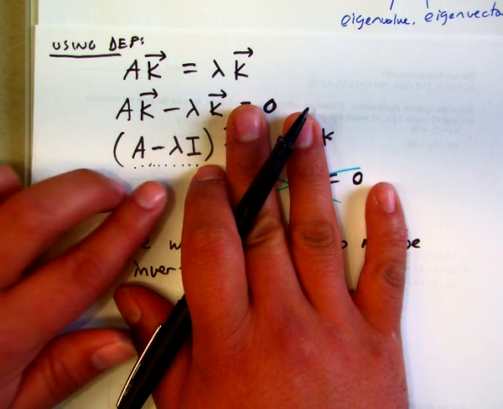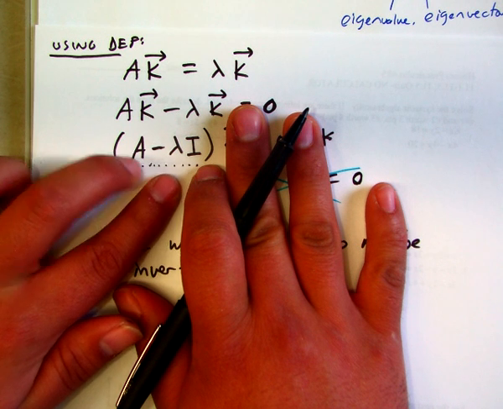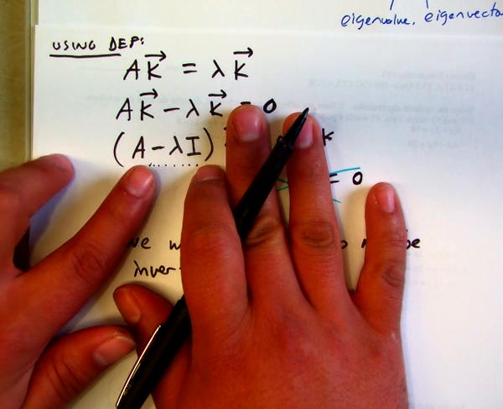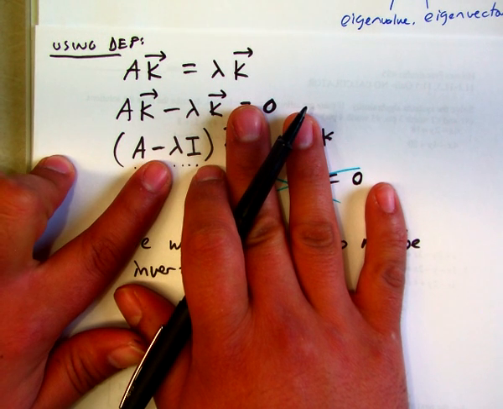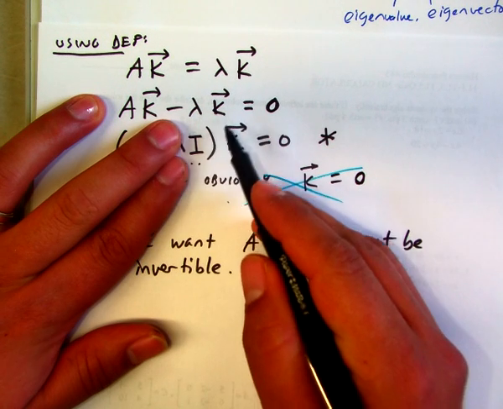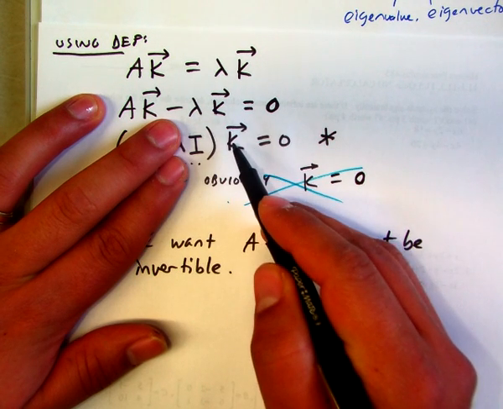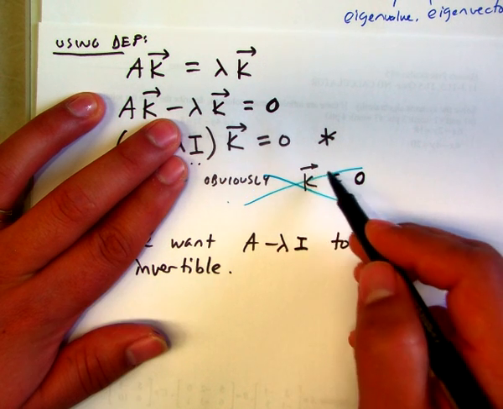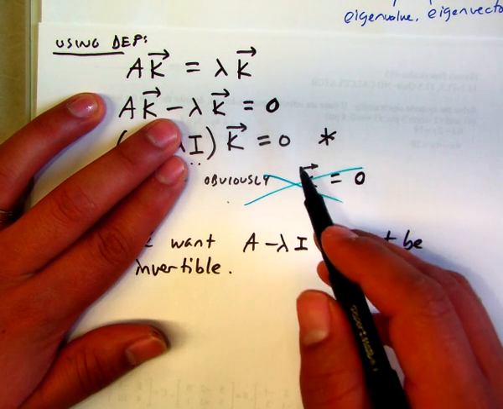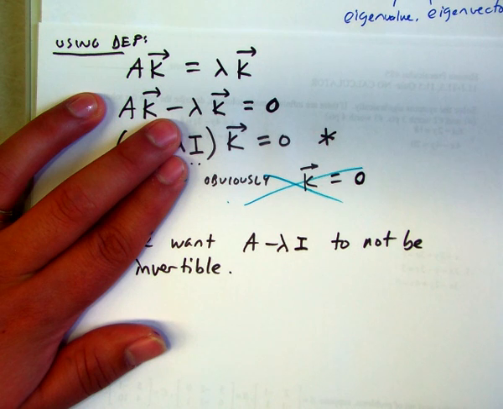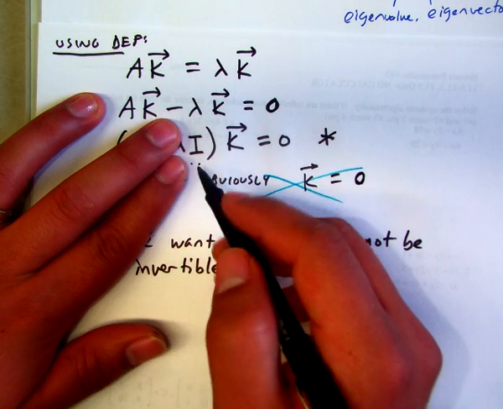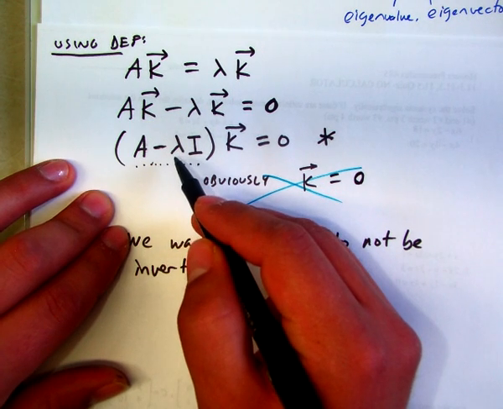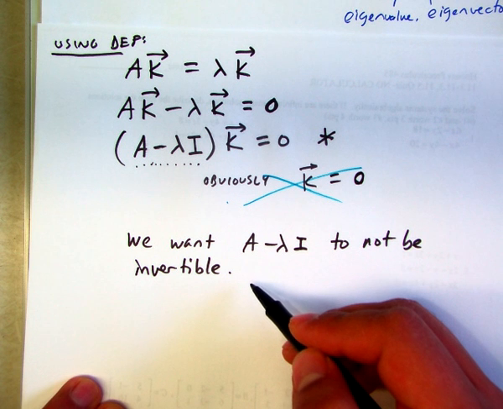If you multiply by the inverse of this, then the inverse of this matrix times this matrix would just give you an identity matrix, which is not going to do anything, right? And then you're left with just this matrix having to equal 0. Does that make sense? And that's the case that we don't want to include because we want the non-trivial stuff. Does that make sense? So if we don't want this to have an inverse, then we don't want it to be invertible. Does that make sense?